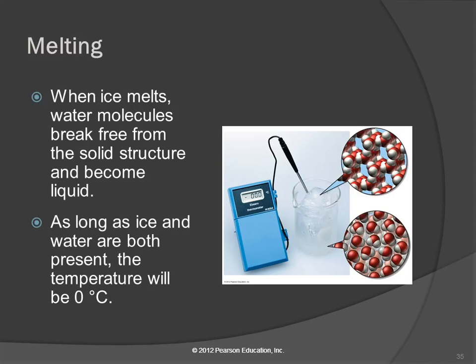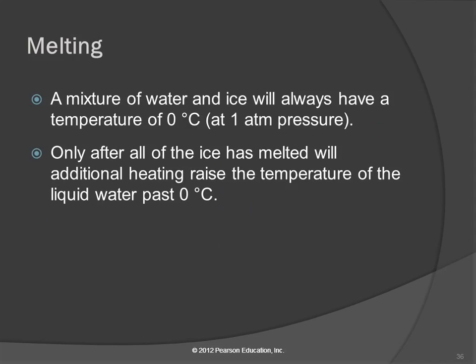It doesn't matter if there's a little bit of ice, a lot of ice, the temperature where they're both present is going to be the same. Just like when we talked about boiling, the temperature didn't rise. The temperature only rises after all the ice has melted.